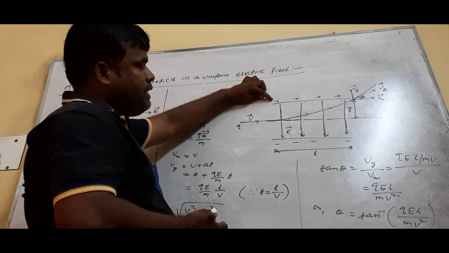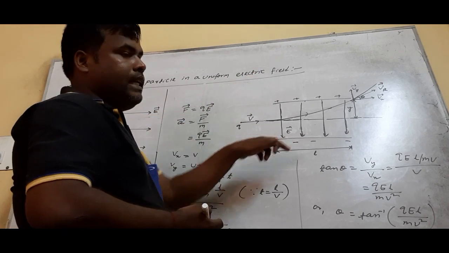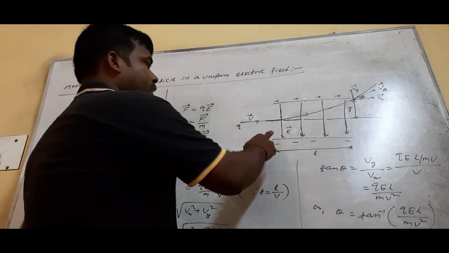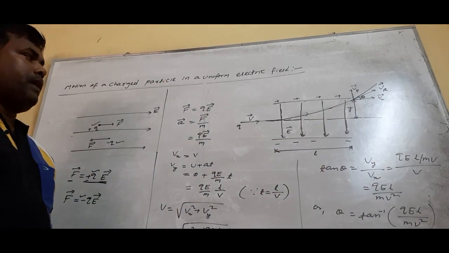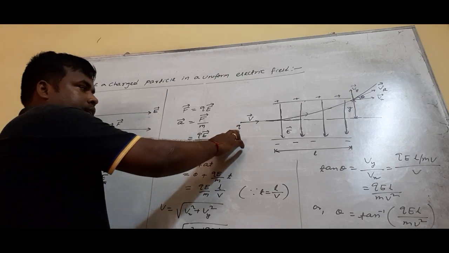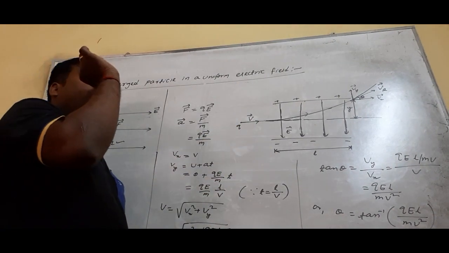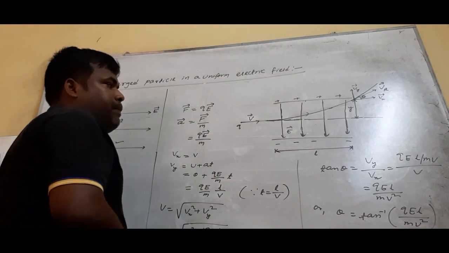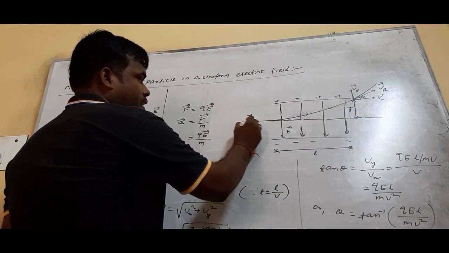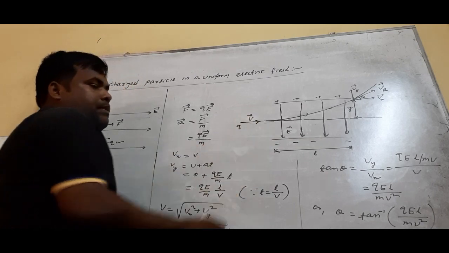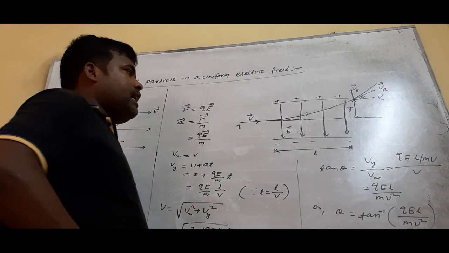One plate is positively charged, the other plate is negatively charged. So a uniform electric field is created between the two plates. And here the charge Q, you throw the charged particle perpendicular to the direction of the electric field. This is the initial velocity of the charged particle.